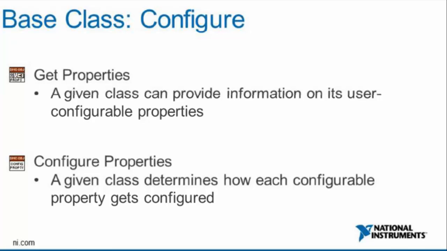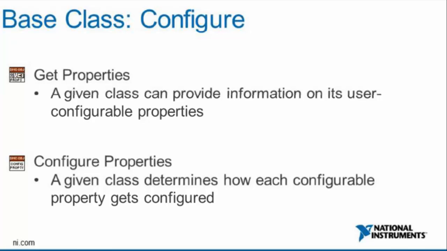And so really it boils down to a couple base class methods that would be needed to support this overall configuration framework. The first would be what we call a get properties method, and this establishes the idea that a child class should be able to provide information on its own user configurable properties.